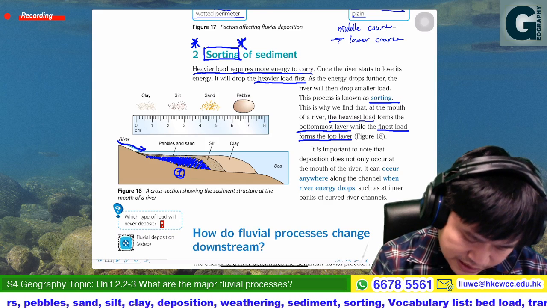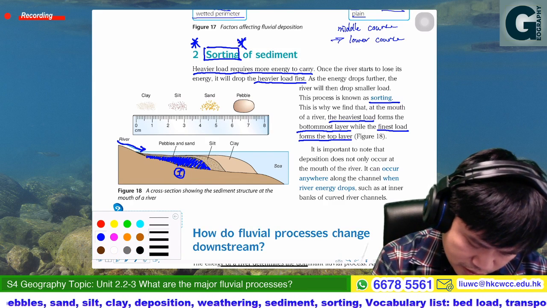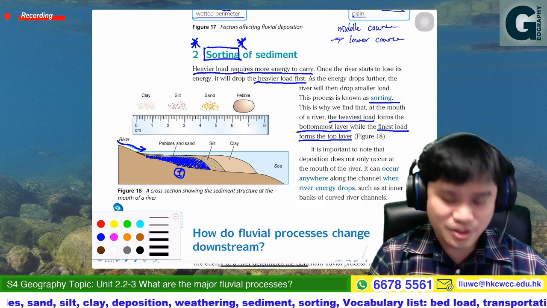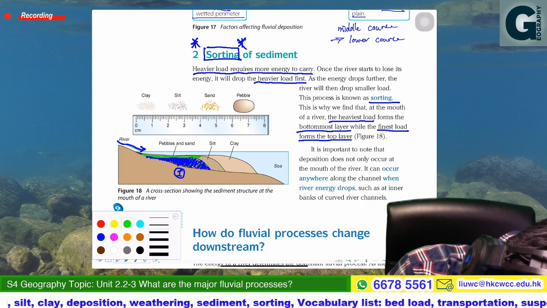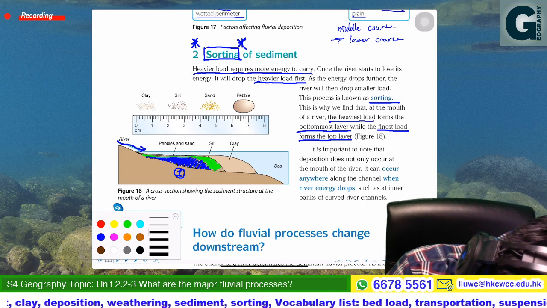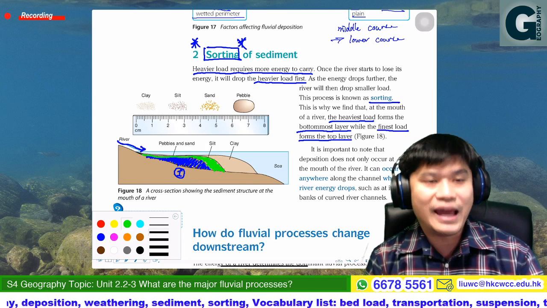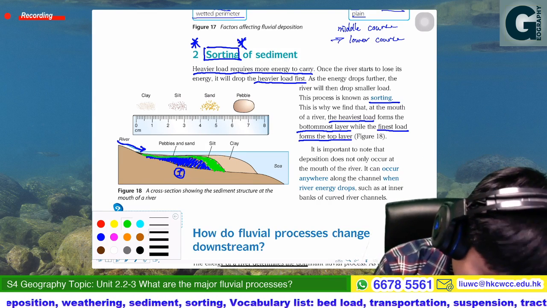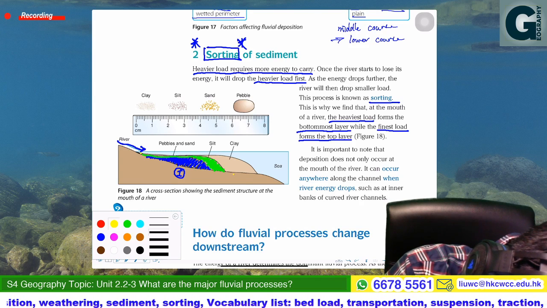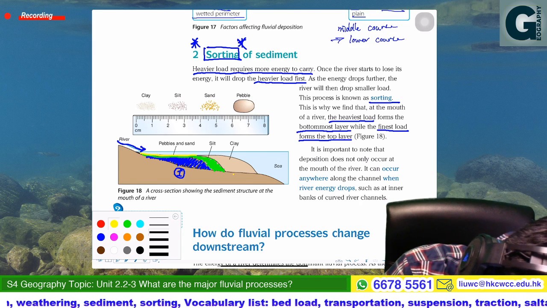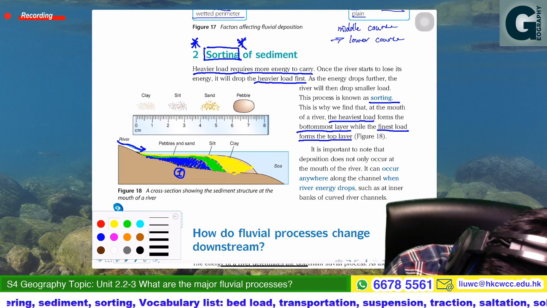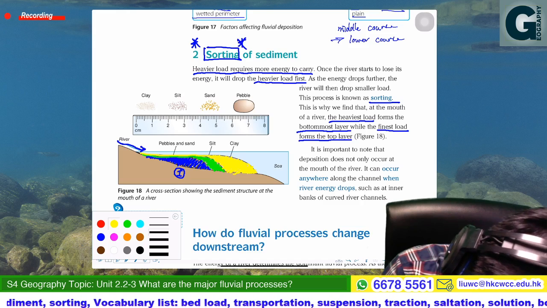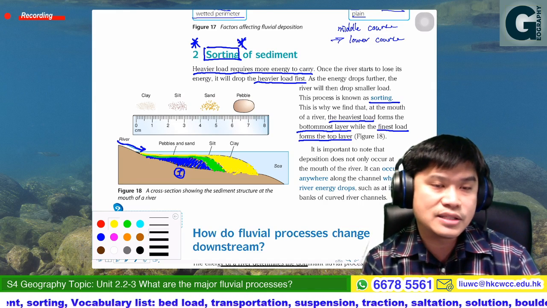And then the second heaviest material, the silt, could be carried farther away and deposited later. And at last, the finest material, the clay, would be carried the farthest away. Like this. So therefore, you can see different layers.